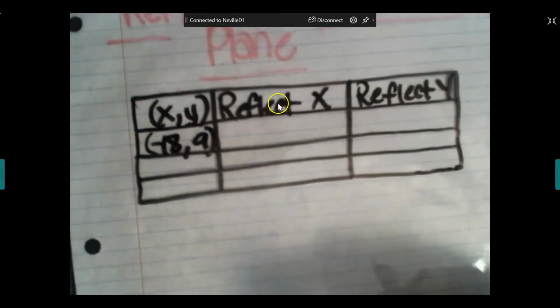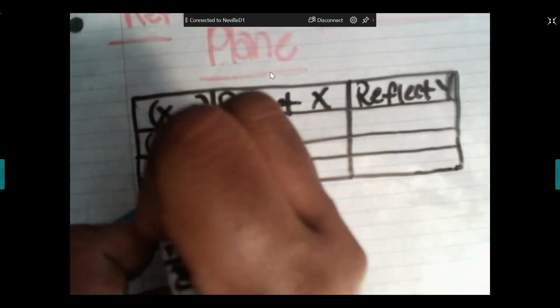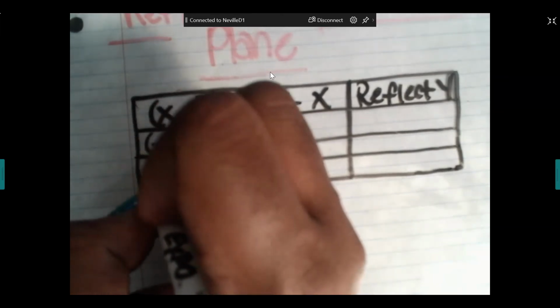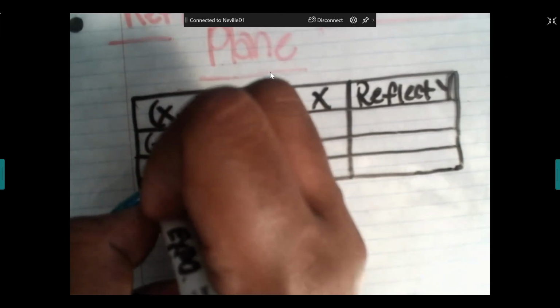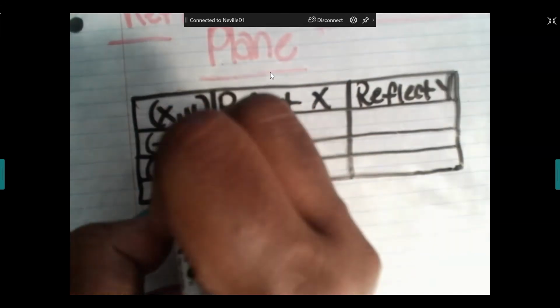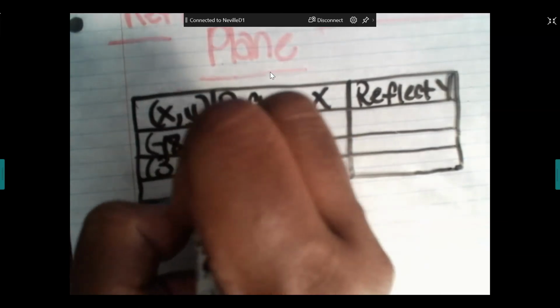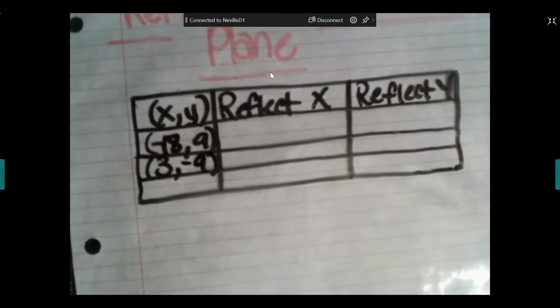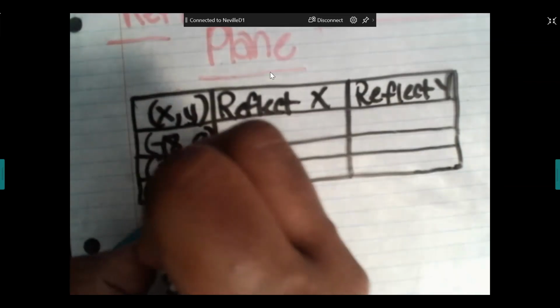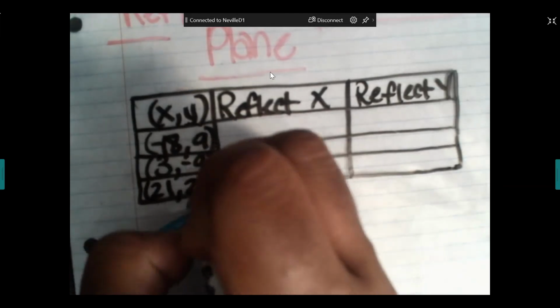The second one we're going to play with is (3, -9). And the last one we'll experiment with today is (21, 21).